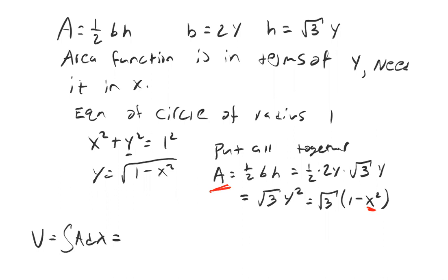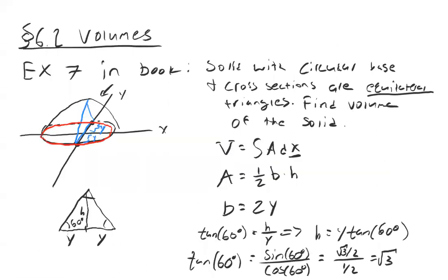You have to ask yourself, what values does x run over? So let's go back to my drawing. Remember, this is a circle of radius 1. So this point here is 1, this point here is 1, and that point there is 1. If you look at the x-axis, we're going to integrate these triangles all the way from -1.